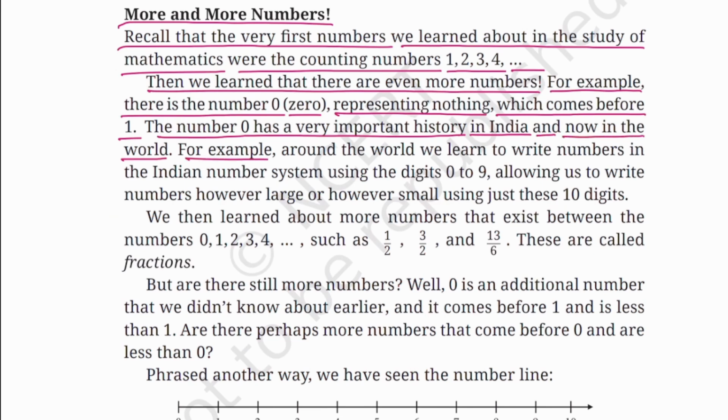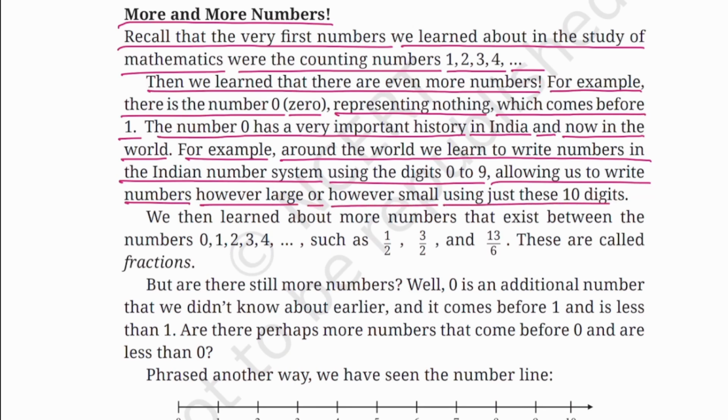For example, around the world we learned to write numbers in the Indian number system using the digits 0 to 9, allowing us to write numbers however large or however small using just these 10 digits.